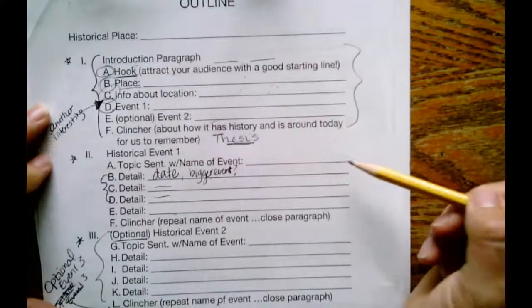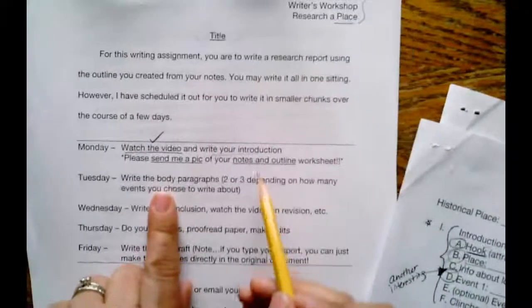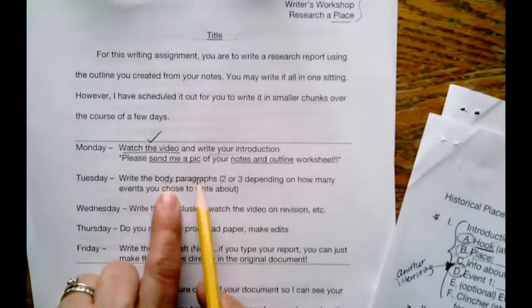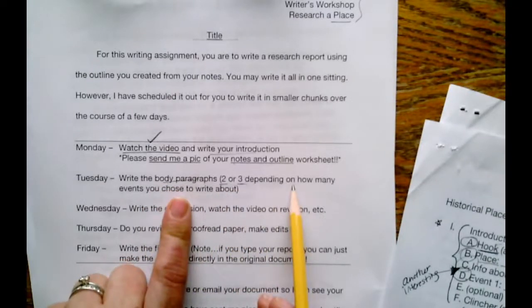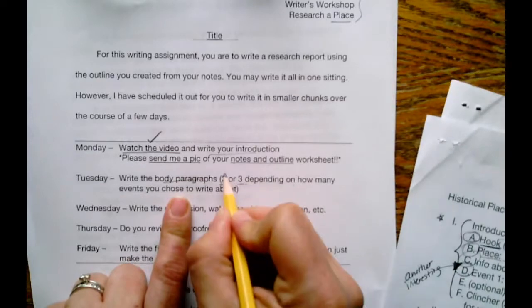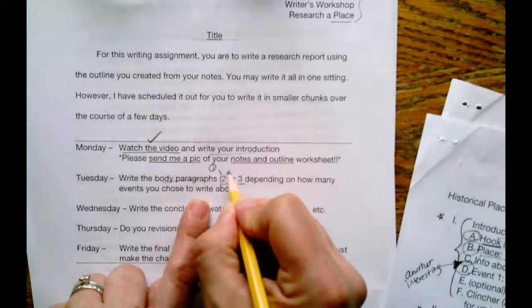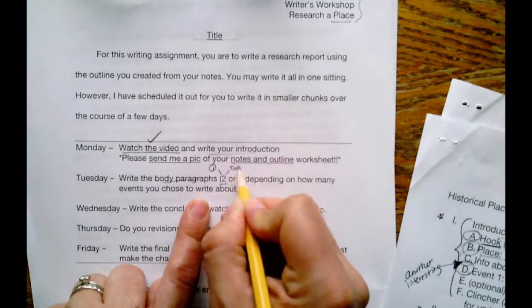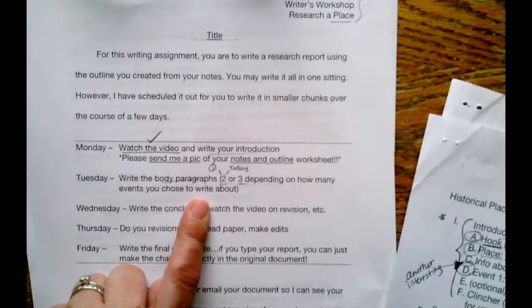Okay, and then over the next few days, you're going to write your body paragraphs. So you'll have 2 or 3. It depends on if you're doing one event or 2, because you have your one event, and then you have your paragraph about today, what it's like today, the present day there.